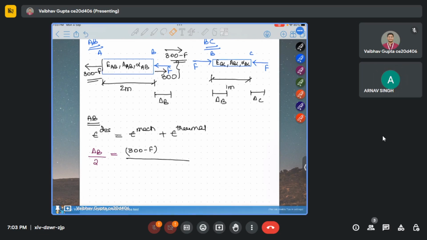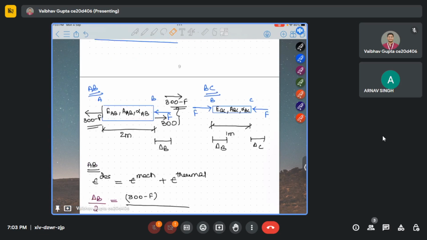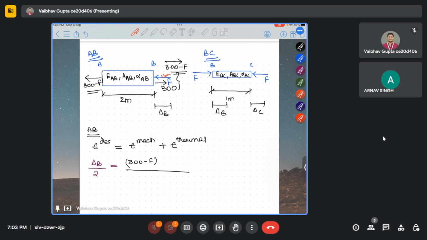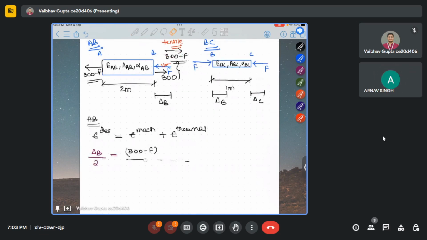This is minus. See, F is acting towards negative X direction here, and 300 is acting towards positive X direction. We take an equivalent of 300 minus F in the positive X direction. Since it's a tensile force, we take it positive in the formula. While writing the expression, 300 minus F is positive.